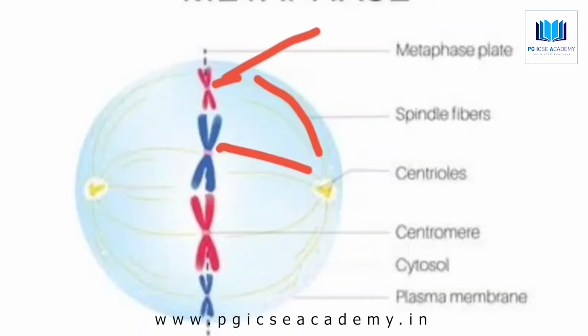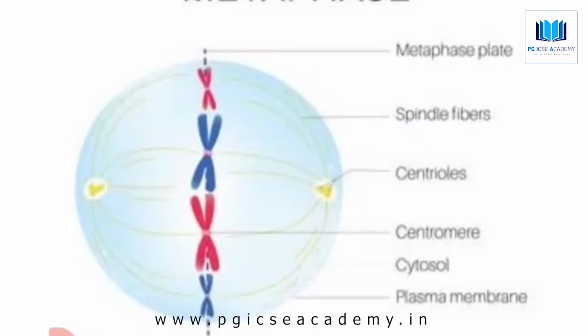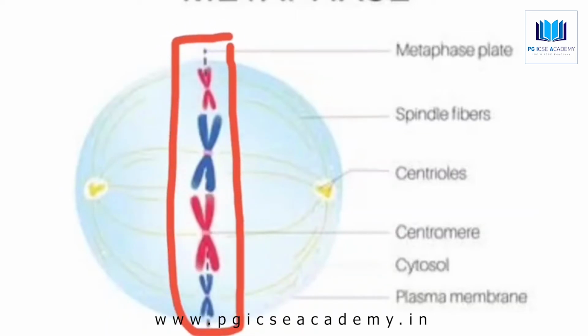So each chromosome occupies a spindle fiber. Here, the chromosomes also line up in a single line, one behind the other. Now let's go to the third phase, that is anaphase.